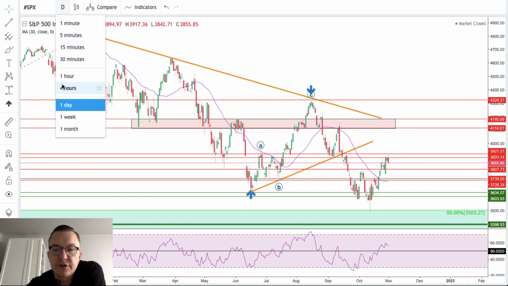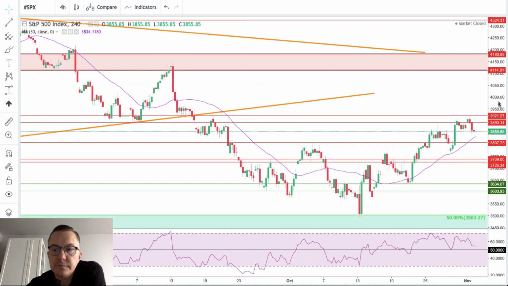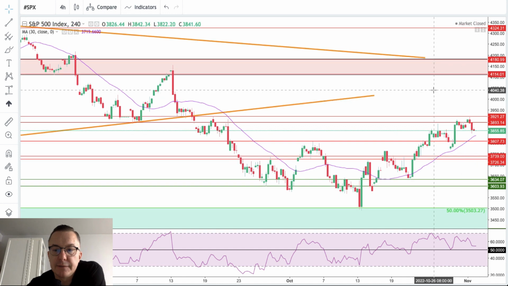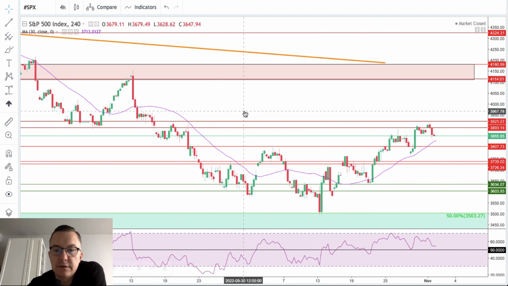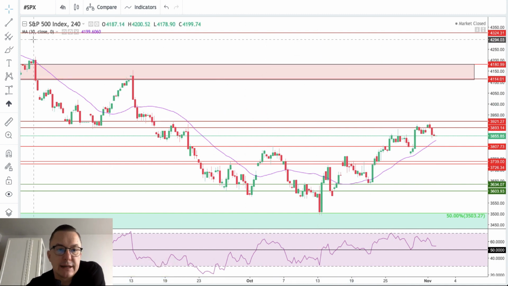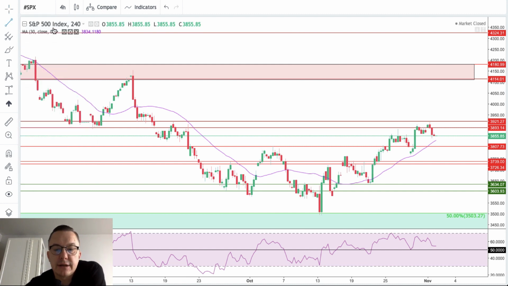So let me just switch to the 4-hour chart for you to see that apparently we got the pin bar of bullish engulfing, and we're going up and up and up. Right now we don't need these lines anymore. What we will do, we will add a trend line from the bottom, or maybe even a channel.